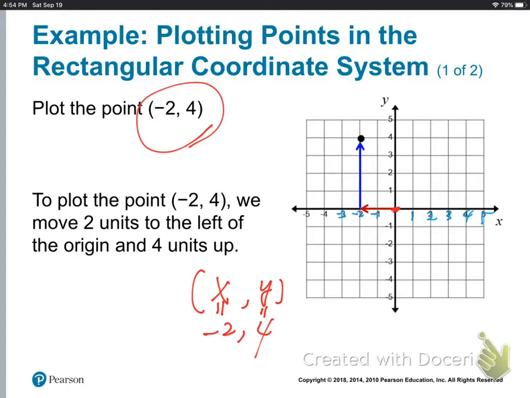Start from the center, go left 2 to x equals negative 2, and then turn up 4. So x means we go left or right, y means we go up or down. So x comma y means we go left 2 and then up 4.